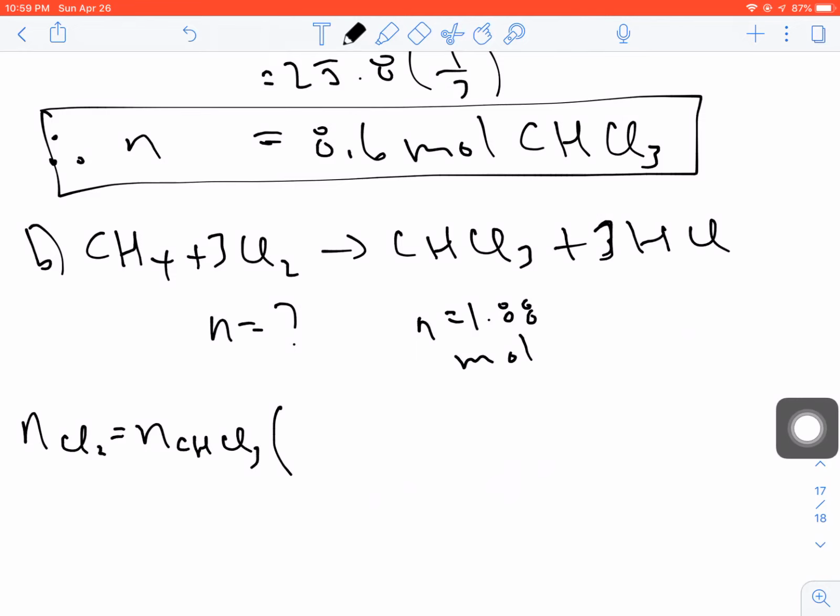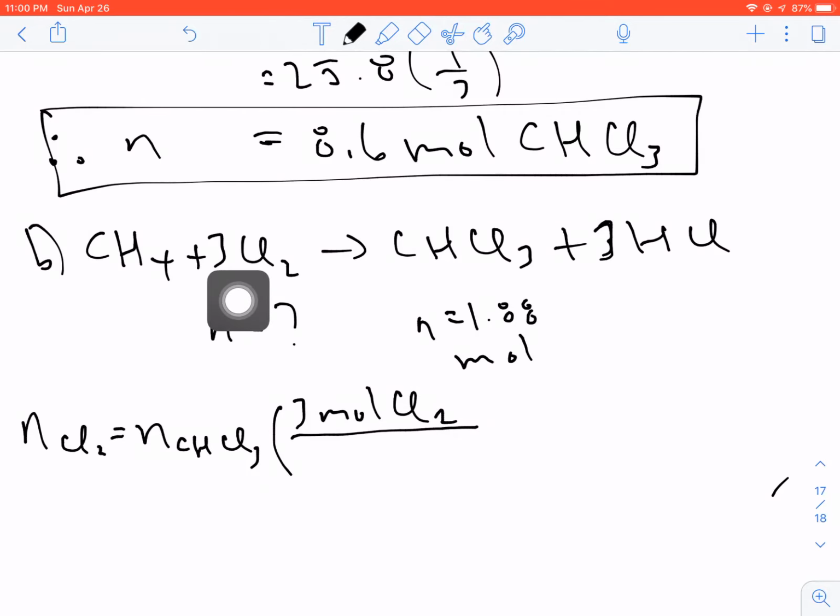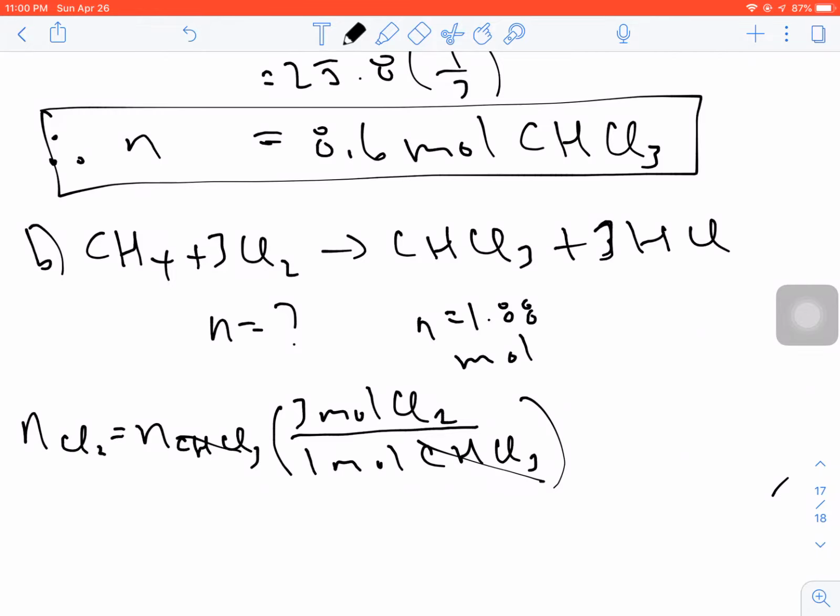So the mole ratio, from the balanced equation, says I have 3 moles of chlorine in my balanced equation, right there, and I have 1 mole of chloroform right here. Okay, and notice that my chloroform here and my chloroform here disappear, and I'm going to take my number of moles of chloroform, which was given in the question, 1.88, times 3 over 1, and I'm going to get moles of chlorine gas left over.